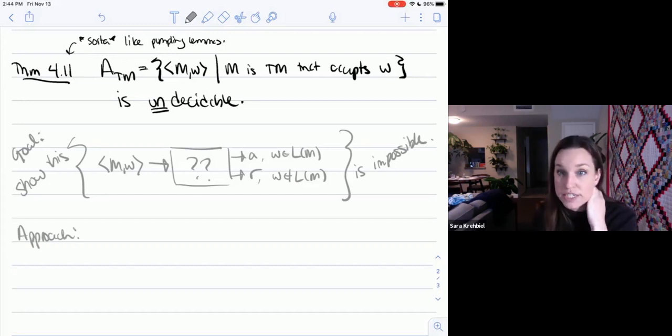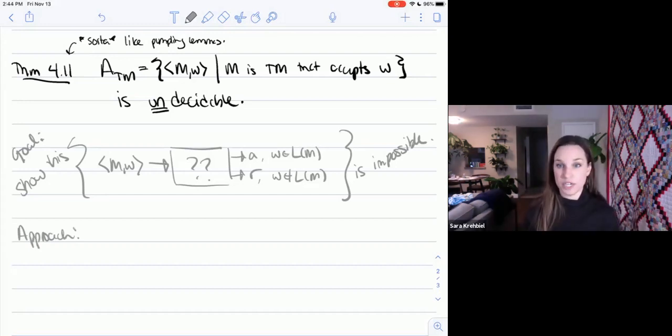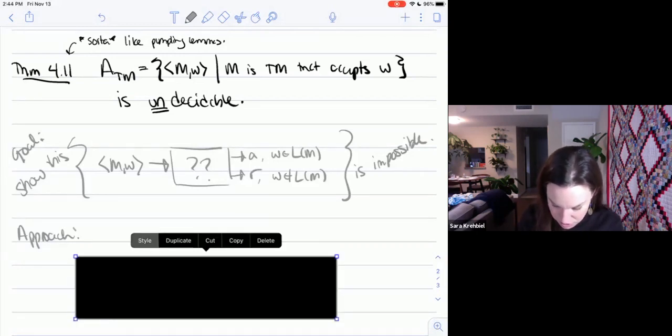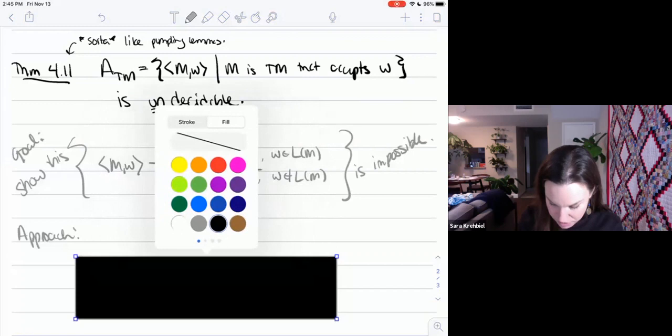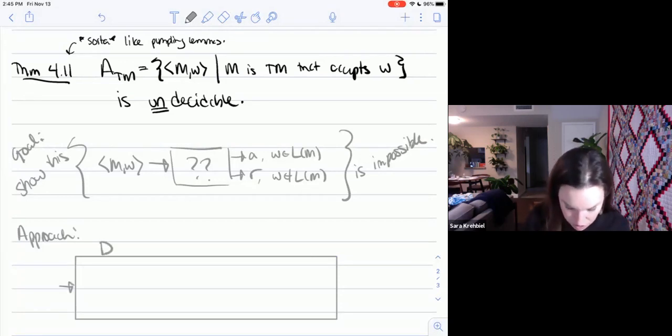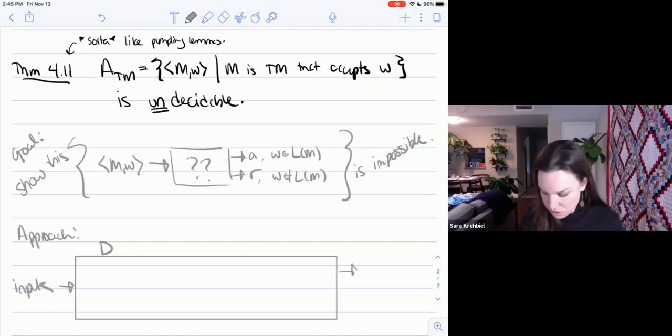My approach is going to be to use it in a reduction. So I'm going to take a machine. I don't want this to be a black box yet. We'll come to black boxes later. So I'm going to design a Turing machine called D. And I'm going to pass it some inputs, and it's going to generate some outputs.